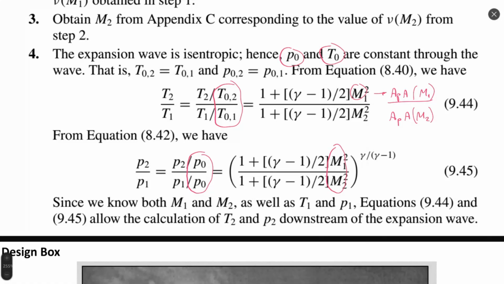Either we use formula 944, or we use the appendix and the ratio between parameters to calculate the temperature ratio. Same for pressure ratio. I think it is better for us to use the appendix in class, but for your own calculation in MATLAB it's better to use formulas.